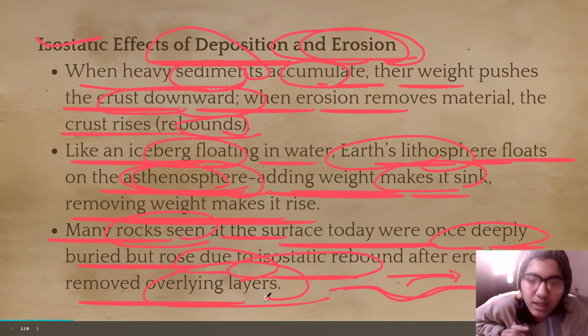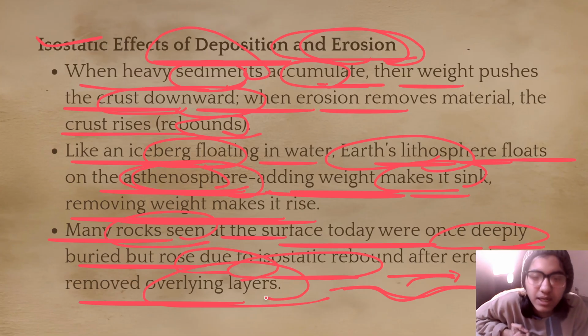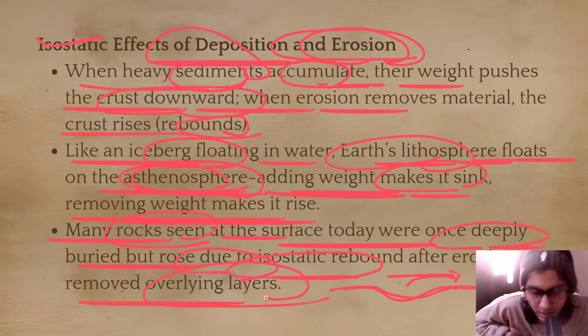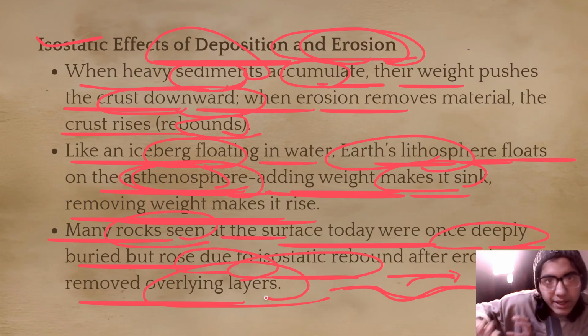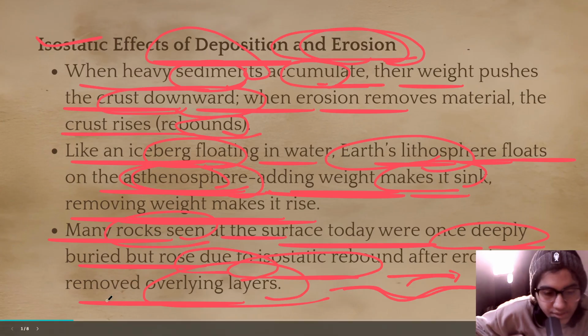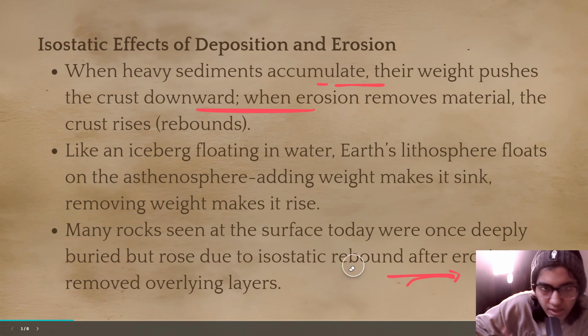Many rocks that we see on the surface today were once buried under the Earth's surface, but they rose because erosion took away the upper layers, and because of that the lower buried rocks rise upwards. So, very basic, definite statements. I hope you find no difficulty in it.